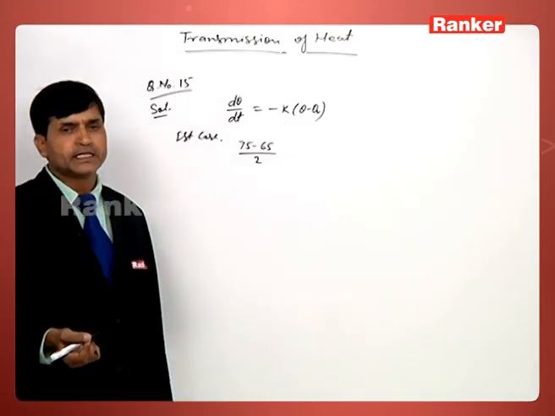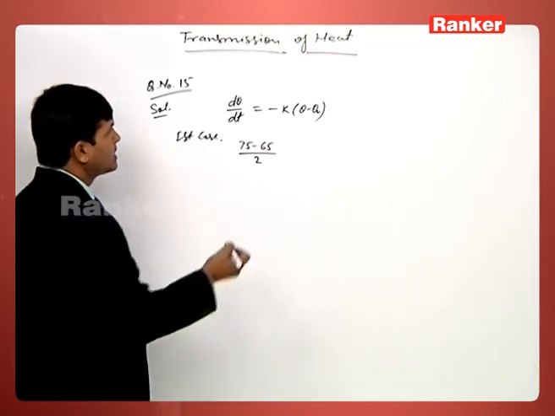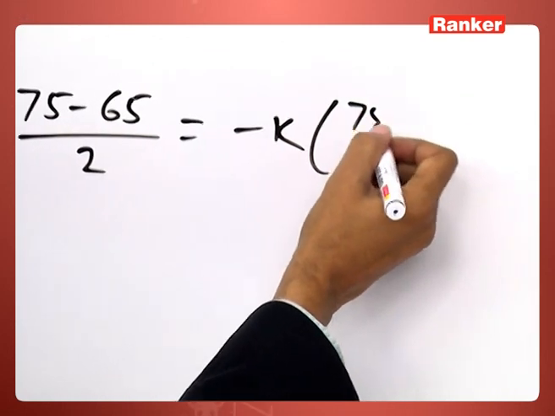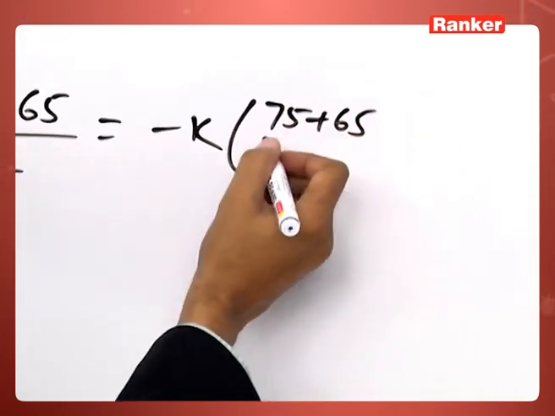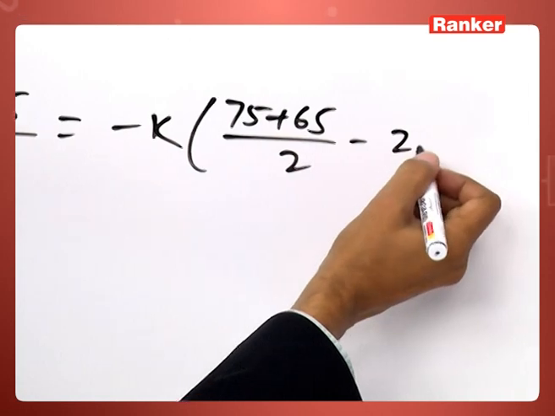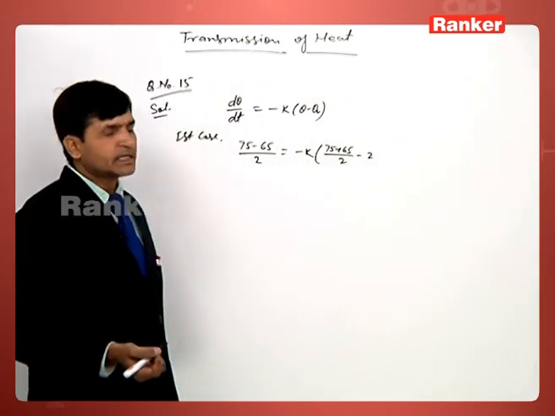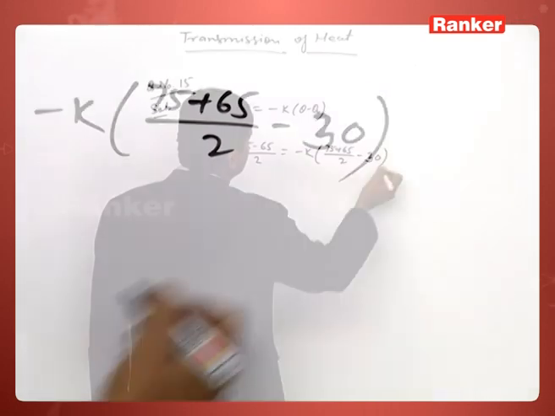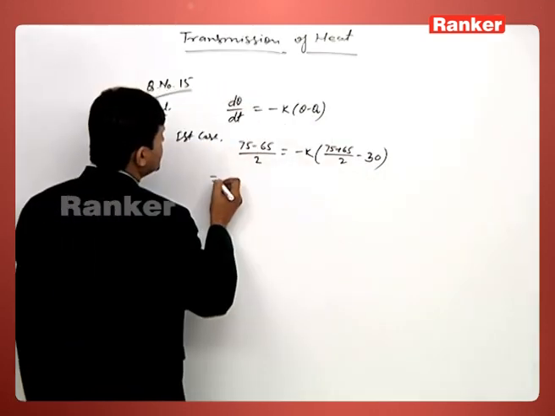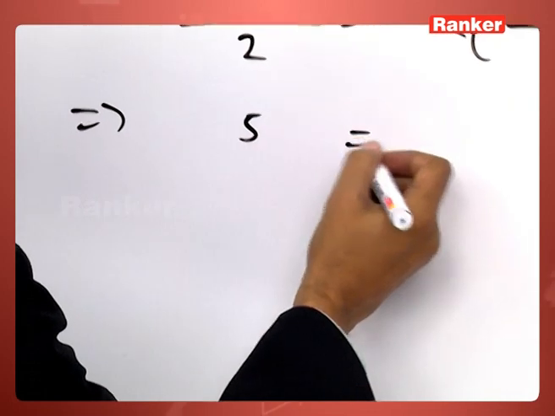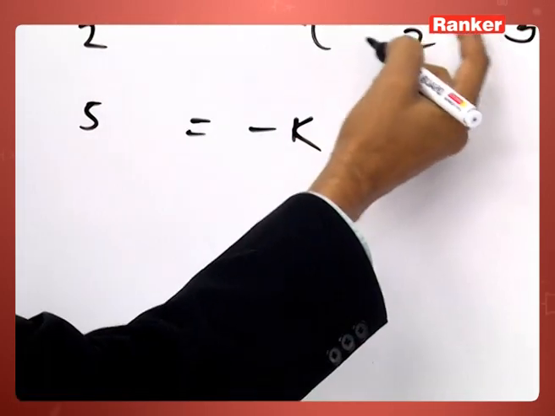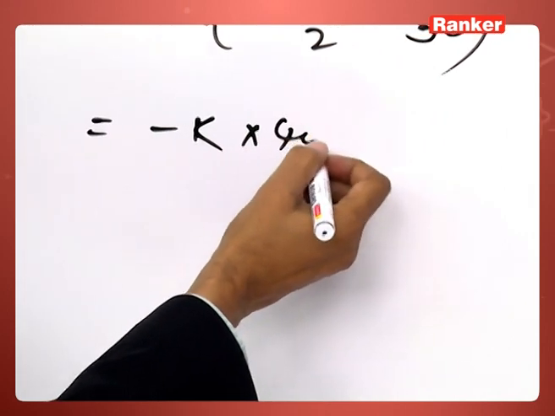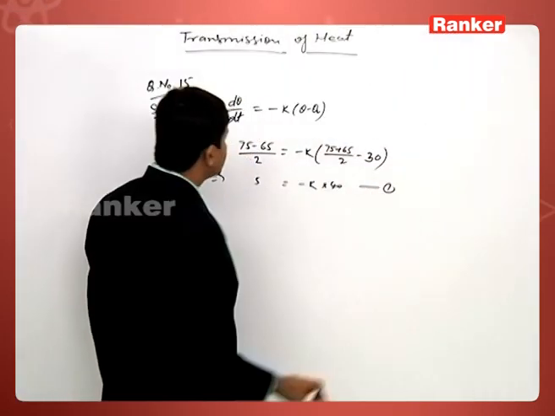This is the first condition given. So here, 75 minus 65 over 2 equals minus k into (75 plus 65)/2 minus theta naught. The room temperature is given as 30 degrees Celsius. So this is 5 equals minus k, 70 minus 30, that is 40, into 40. This is the first condition.